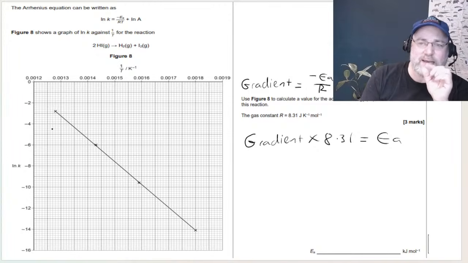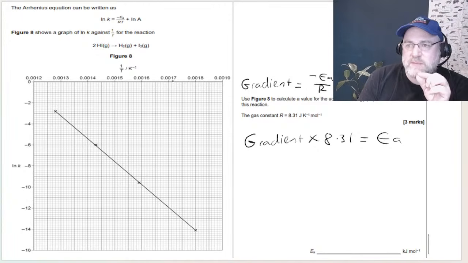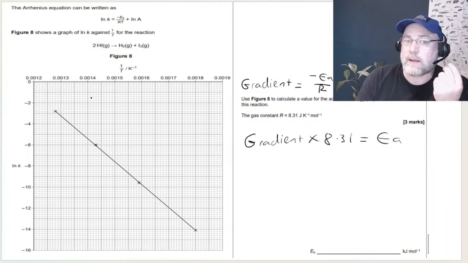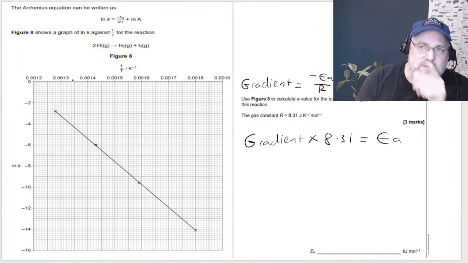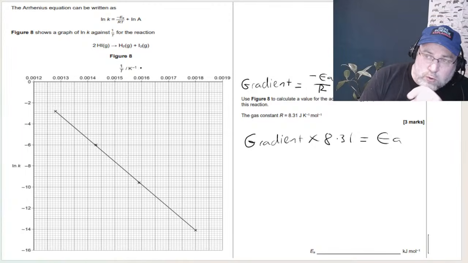It's actually really easy. What I would say is, watch out for these numbers here. Sometimes they'll put this as like 1.2, 1.3, 1.4, and then they'll say 10 to the minus 3 up here, like 1 over T, 10 to the minus 3. They'll do something crazy like that. So just make sure you check the units and you're sure what the units are.